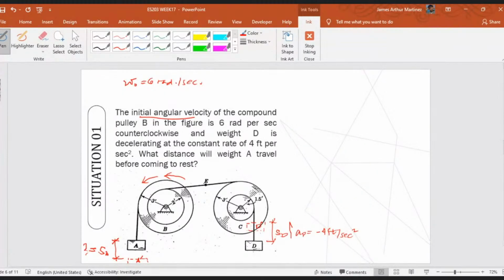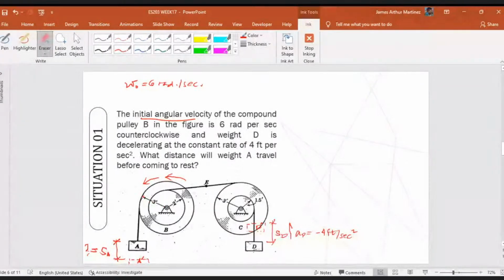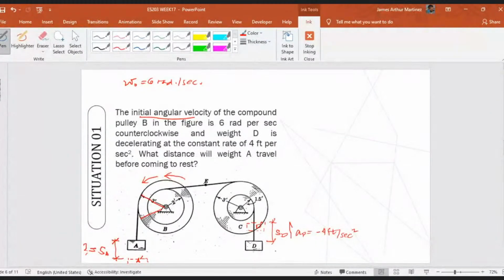So the linear displacement of A is just equal to the radius of the rotation multiplied by the angular displacement of B. Therefore, S_A is equal to radius times the angular displacement of B. And the radius, since it is connected to the bigger disk, is 3 feet. So 3 times the angular displacement of B. Okay.